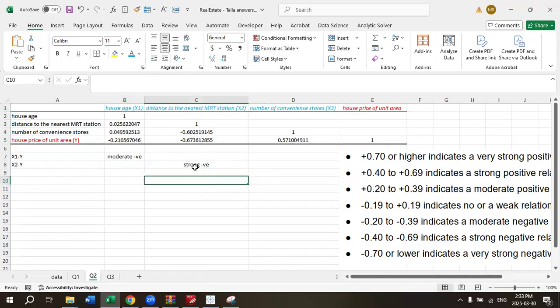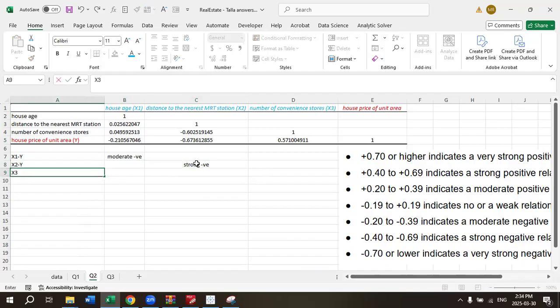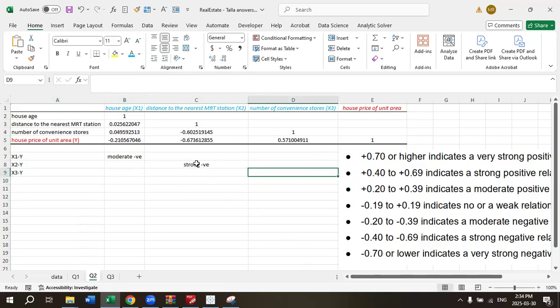That is a strong negative relationship. And x3 to y is 0.57, on the plus side, so it is a strong positive relationship. I think that's enough.